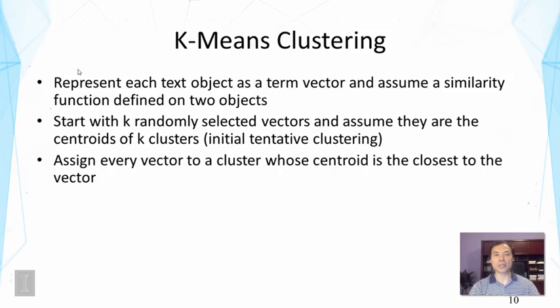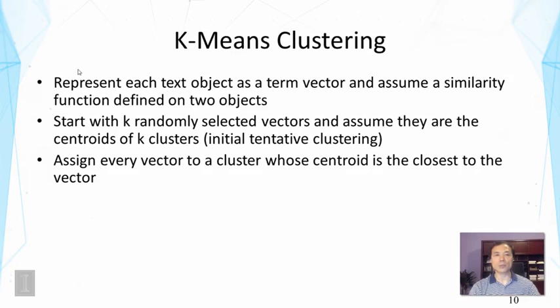And the process goes like this. Once we have these centroids decided, we're going to assign a vector to the cluster whose centroid is closest to the current vector. So basically, we're going to measure the distance between this vector and each of the centroids and see which one is closest to this one, and then just put this object into that cluster.